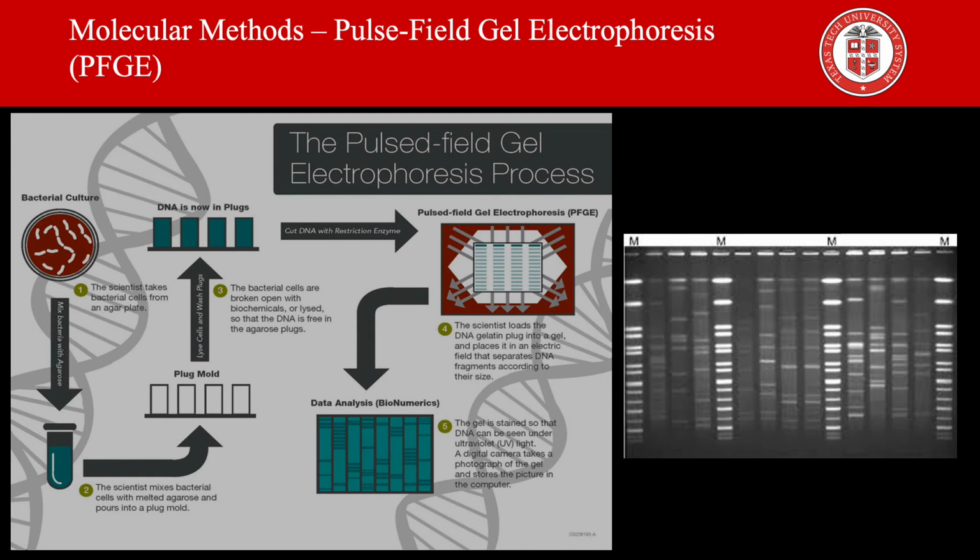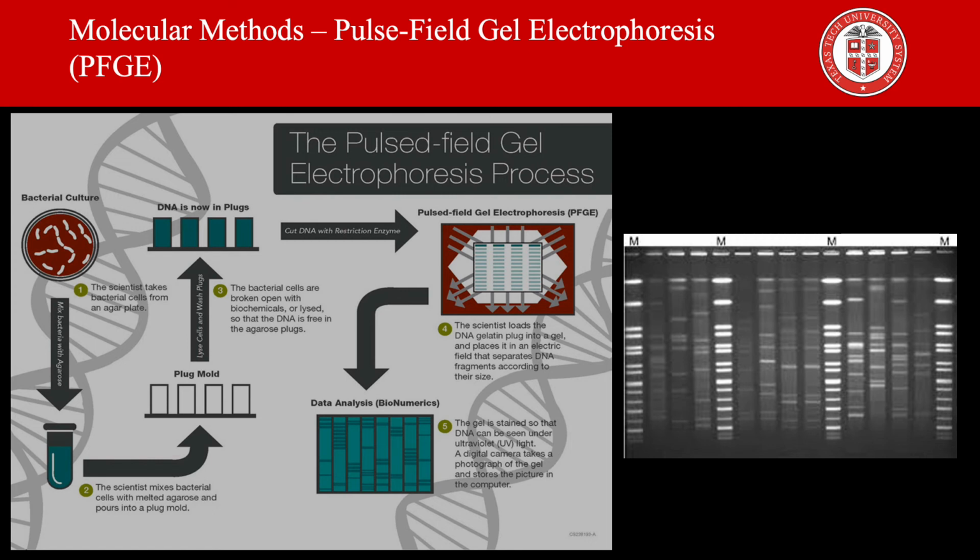The PFGE is a variation of agarose gel electrophoresis that permits analysis of bacterial DNA fragments over an order of magnitude larger than that with conventional restriction enzyme analysis. It provides a good representation of the entire bacterial chromosome in a single gel with a highly reproducible restriction profile, providing clearly distinctive and well-resolved DNA fragments.